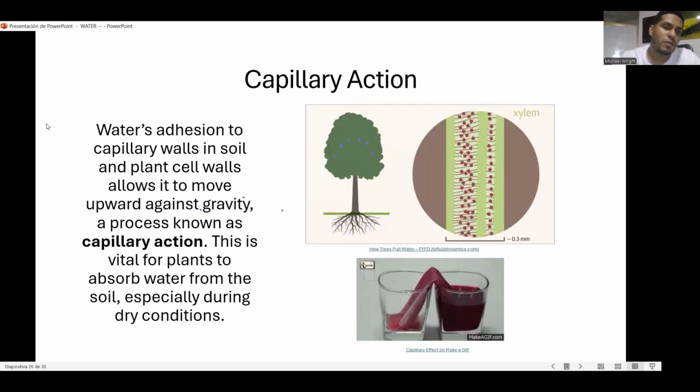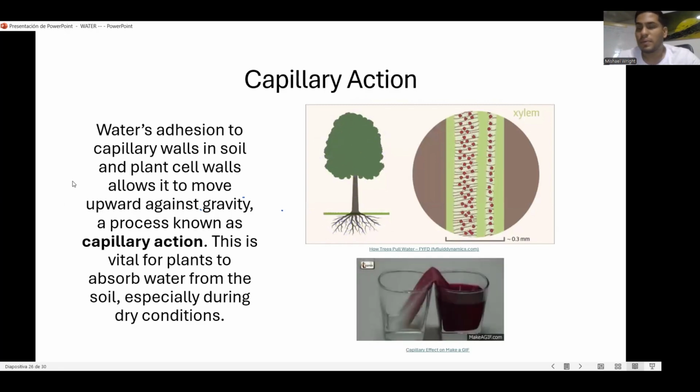Also, we have to talk about capillary action. Water's adhesion to capillary walls in soil and plant cell walls allows it to move upward against gravity. This process is known as capillary action, right? Capillary action is vital for plants to absorb water from the soil, especially during dry conditions.